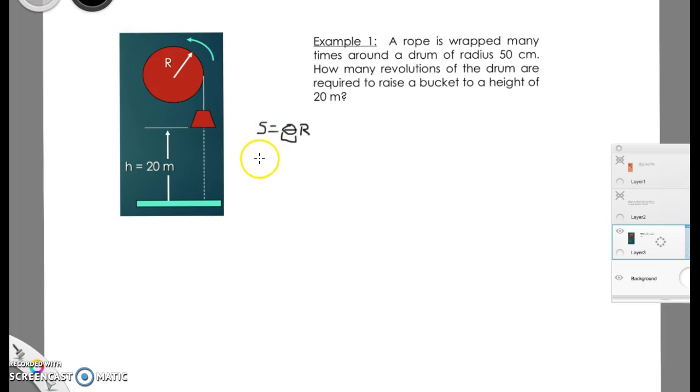At the same note, you can take any linear quantity, divide by the radius to get the angular version.